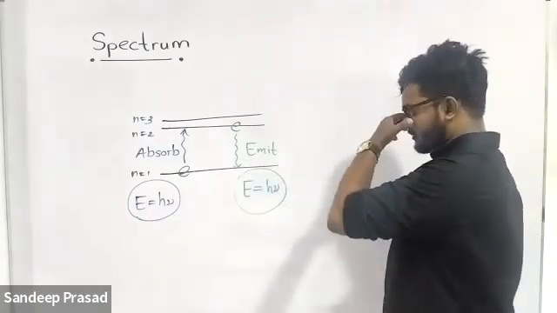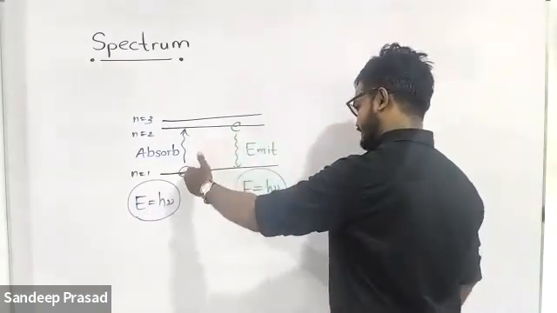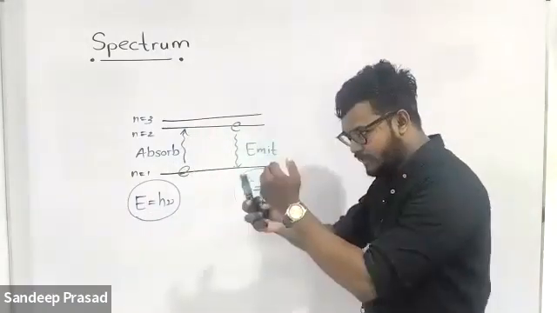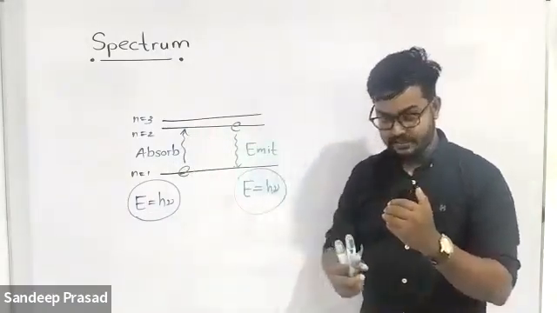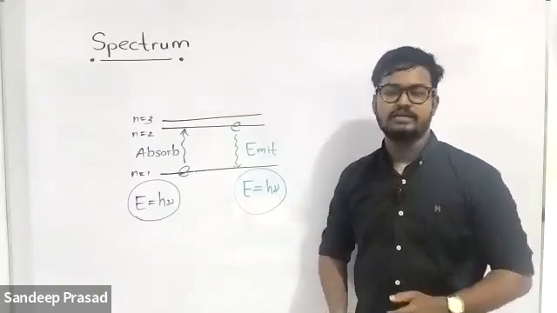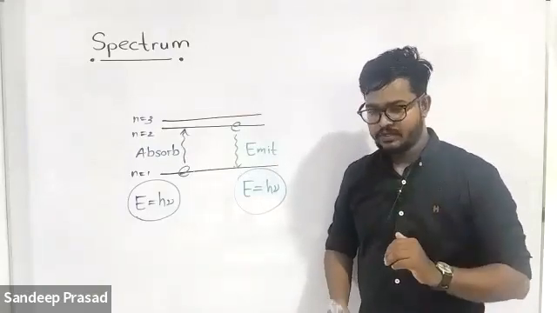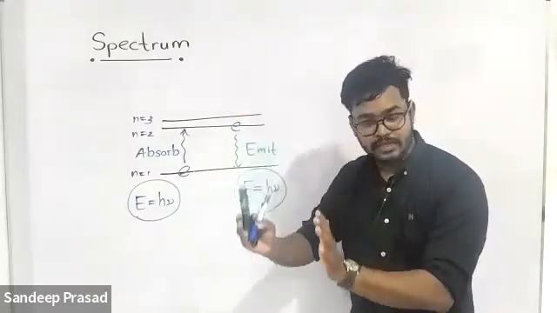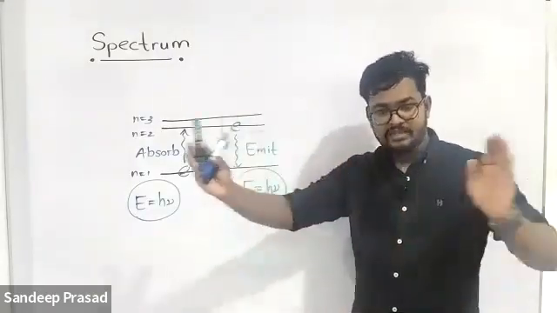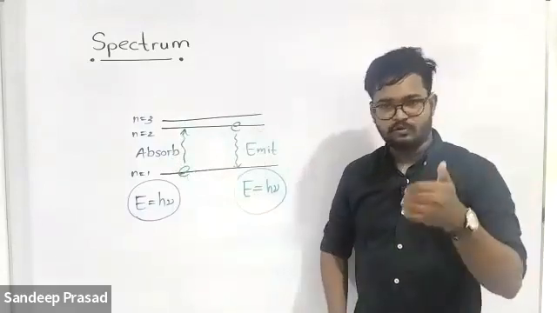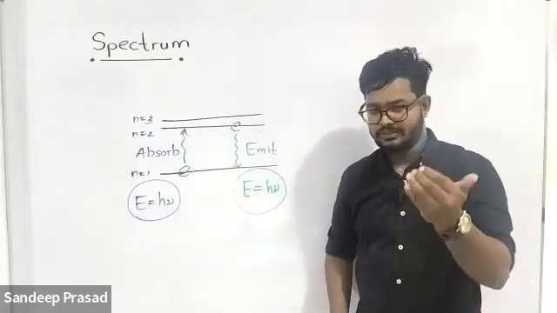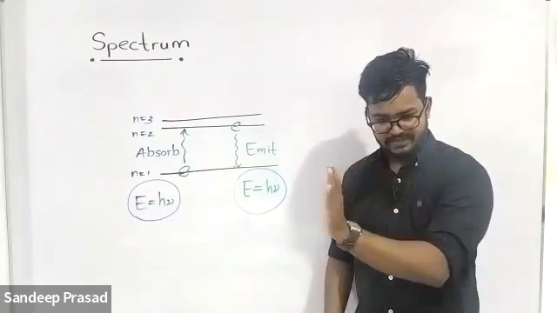So you have to understand, students, when these electrons are moving in between energy levels, they will absorb energy and they will emit energy. We can collect those energies and arrange them in a particular order. According to the spectrums, that will automatically happen.